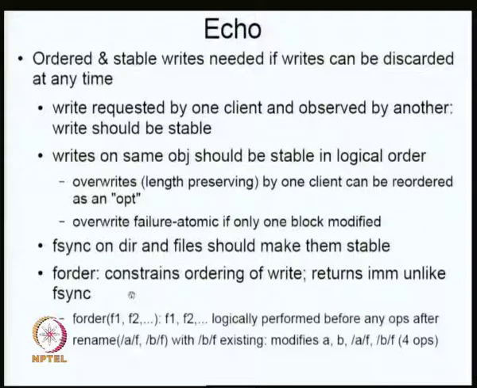Currently, the reason why it is not done is the number of disks is quite small typically, and the need for parallelism across multiple disks is not that high. It is there in big databases and some other systems, but in most systems the number of disks is rather small. Therefore, you do not have this particular need to figure out how to have partial orders, so that many things can be flushed to disk in relaxed orders, and only those things that need to be ordered in a particular way can be specified and then flushed in that particular order.